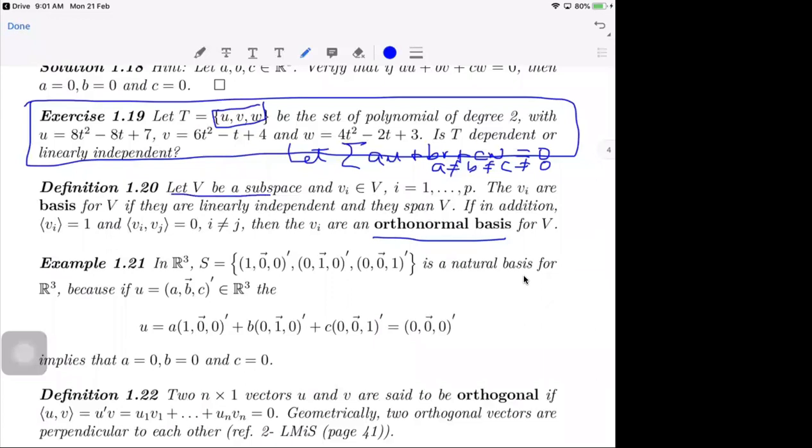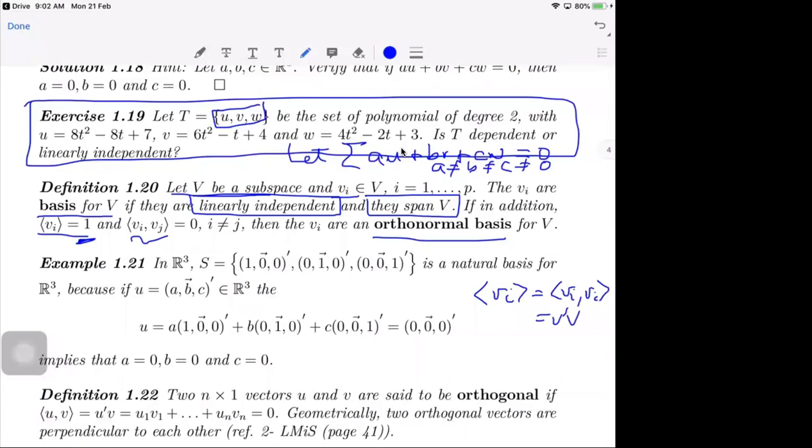So you have a subspace V, and the vi are vectors in the subspace V. The vi are a basis for V if these two conditions are satisfied: they are linearly independent and they span V. If in addition, the inner product of each vi with itself, that is vi prime vi, is equal to 1, and the inner product of vi with the other vectors is equal to 0, then the vi here are an orthonormal basis for V. Not only a basis, but an orthonormal basis for V.